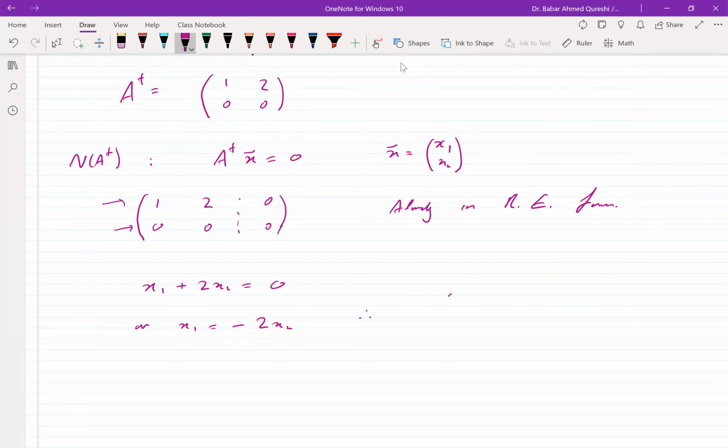Therefore, the vectors are of this form: minus 2 beta, and beta. So if I put x2 as beta, then x1 is fixed. There's one free variable, and the other is computed by fixing a value of that free variable. So the vectors are of this form.